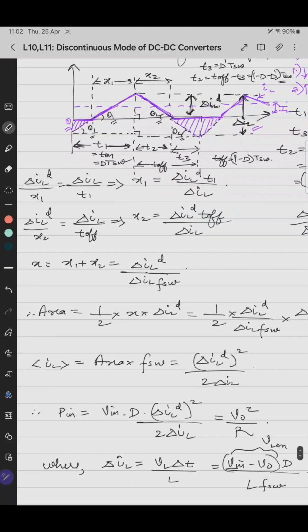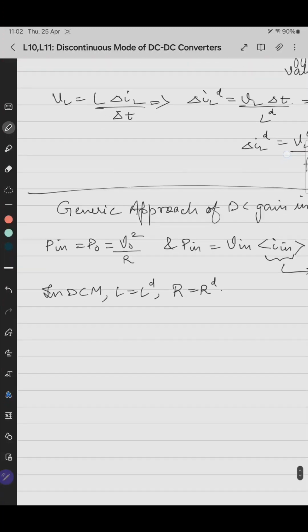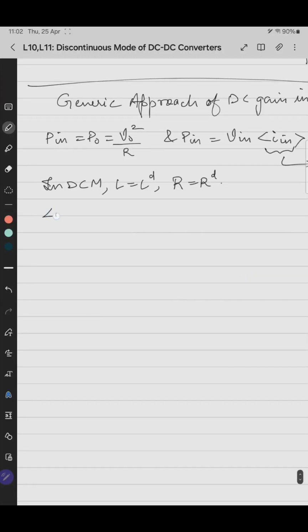What we want to find is the average value of IL. So the average value of IL is what? 1 by T switching, integral 0 to T switching, IL of t dt. This is the area under the IL versus time graph.